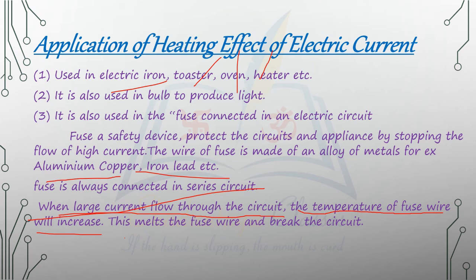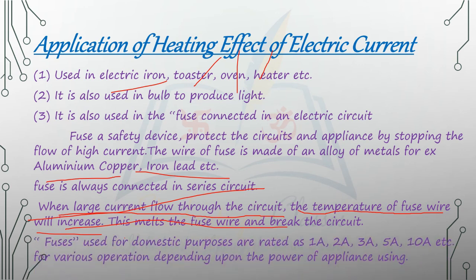When the large current flows through the circuit, the temperature of the fuse wire will increase. This melts the fuse wire and breaks the circuit. Fuses used for domestic purposes are rated at this many amperes.